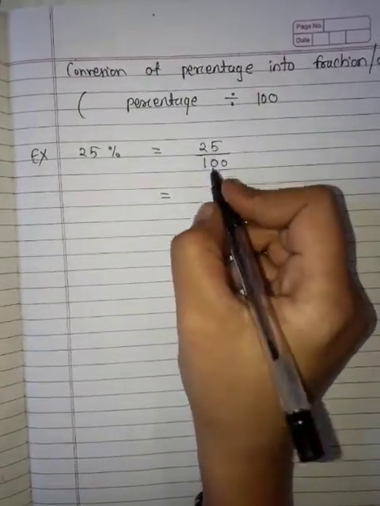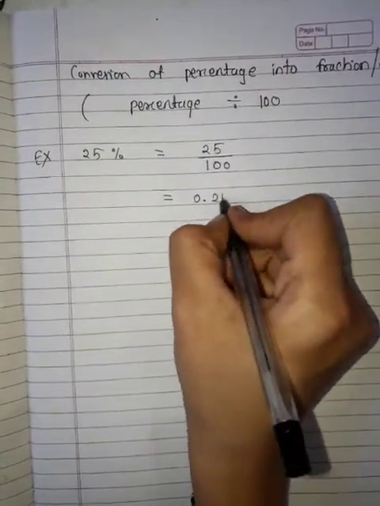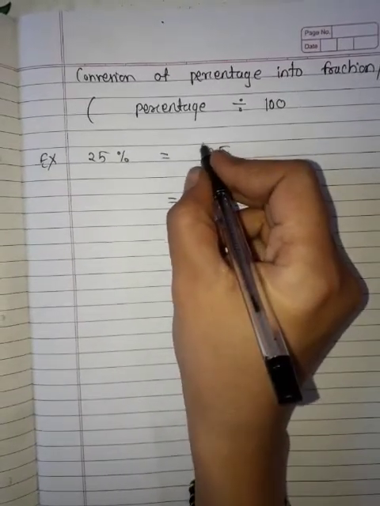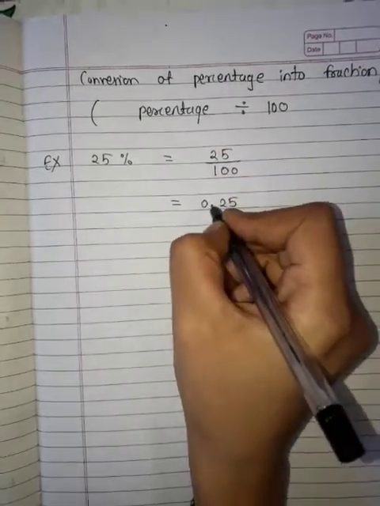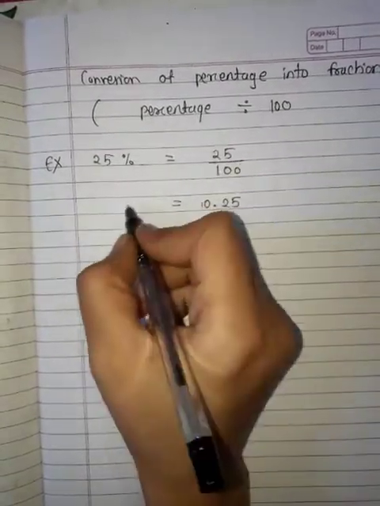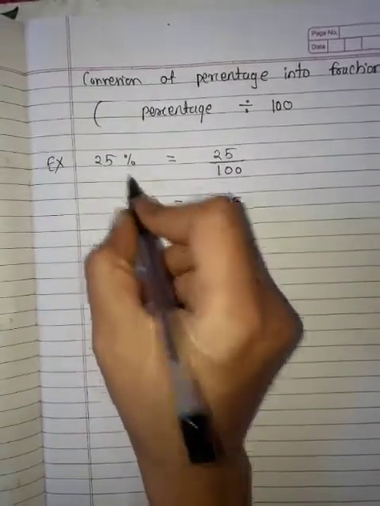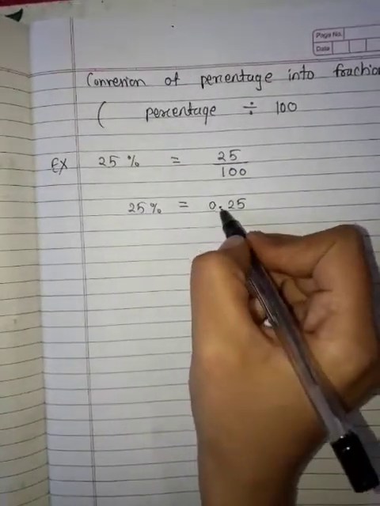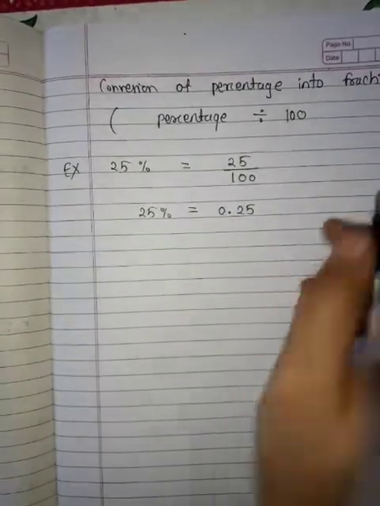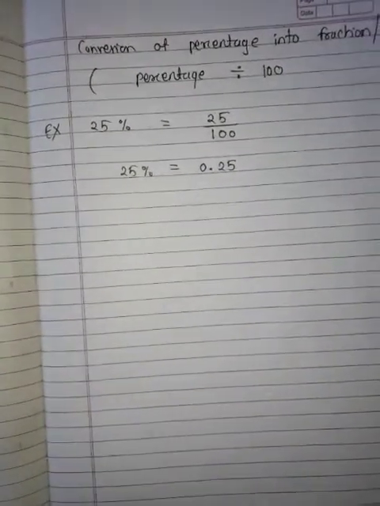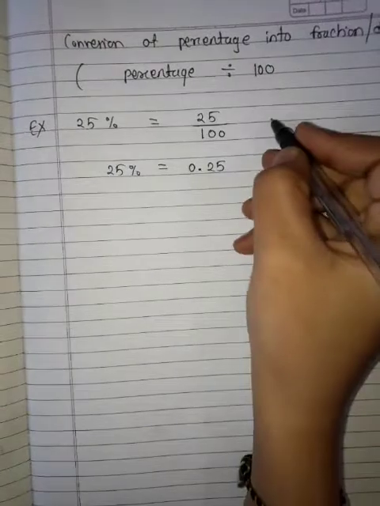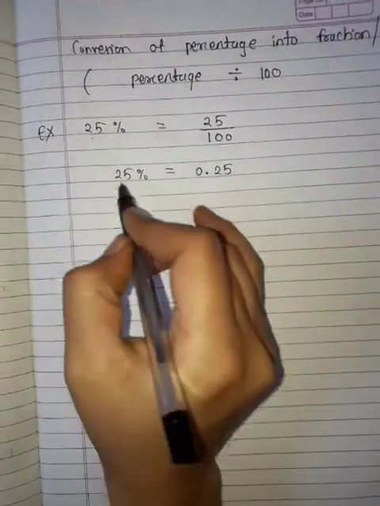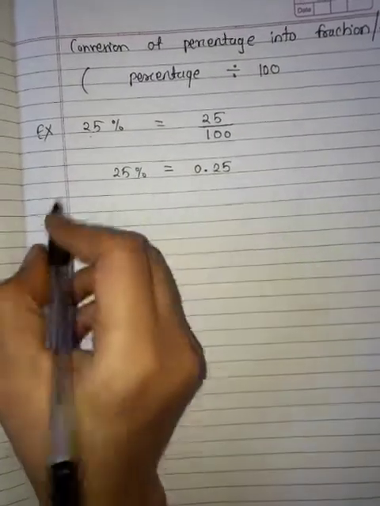We know 25 upon 100 means 0.25. As there are two zeros, we go left by two decimal places and put the decimal point. So 25% can be written in fraction form as 25 upon 100 and in decimal form as 0.25. This is fraction form, this is decimal form. 25% means 25 upon 100 or 25% means 0.25.